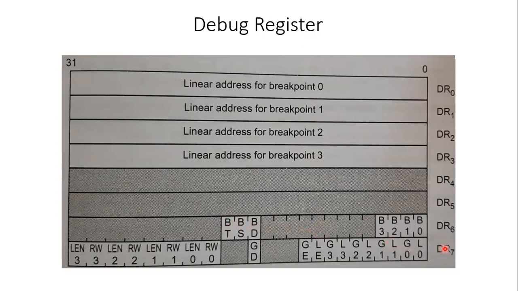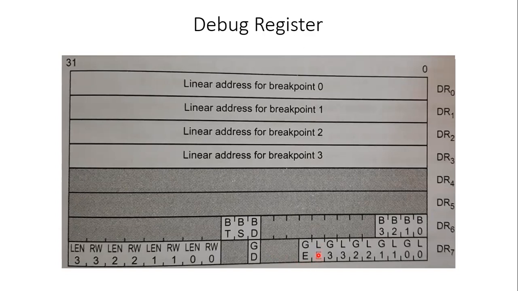Then DR7 consists of different types of bits: L0, G0, L1, G1, L2, G2, L3, G3, LE, GE. Wherever L is there, it means local, and wherever you see the letter G, it indicates global.